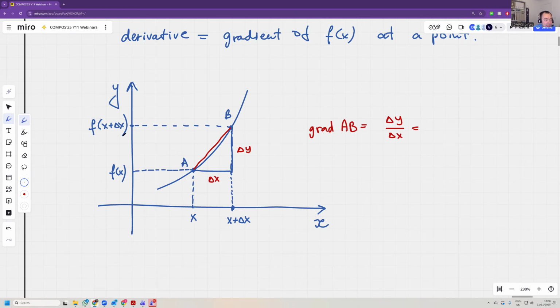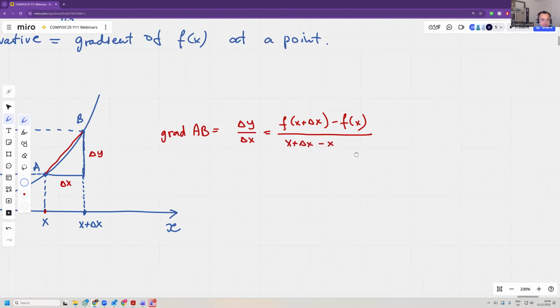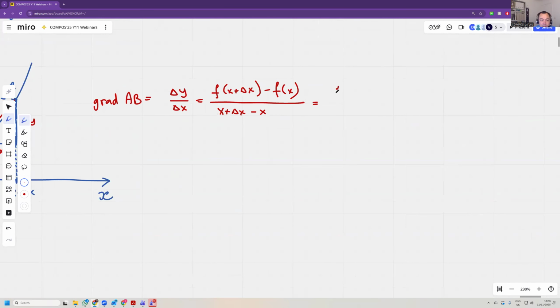But change in y is the difference between these two values. So it's f of x plus delta x minus f of x. And the change in x, well, you can see is x plus delta x minus x, which is just simply delta x. So f of x plus delta x minus f of x, divided by delta x.